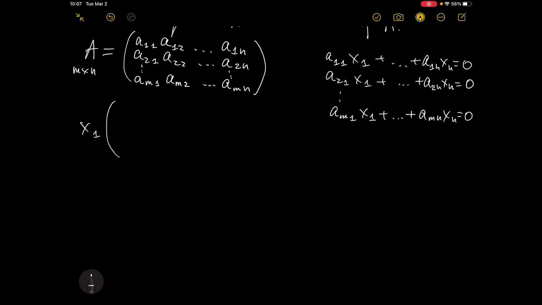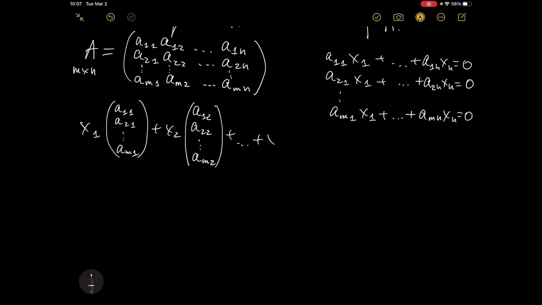x1 times the first column plus x2 times the second column, plus and so on, plus xn times the nth column. And all this is equal to 0, right?